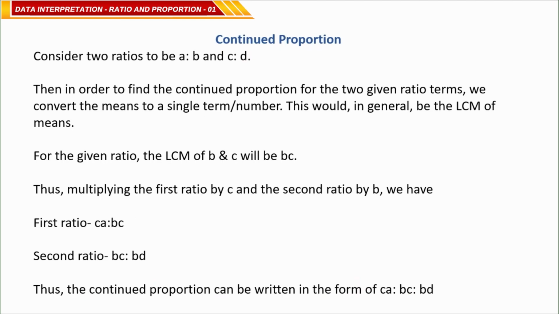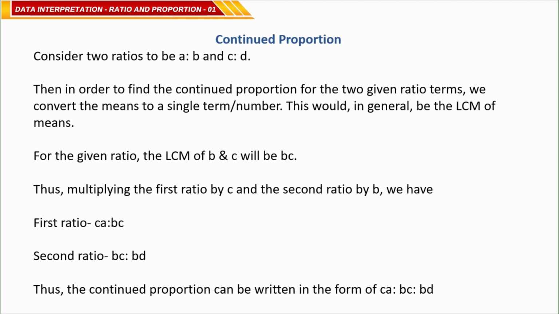Now, coming to the continued fraction or mixed fraction, that is A is to B and C is to D are two ratios. In order to find the continued ratio, if two ratios are given, we convert the means to a single term and number. This should be the LCM of the means.